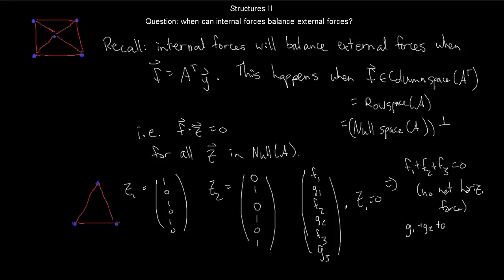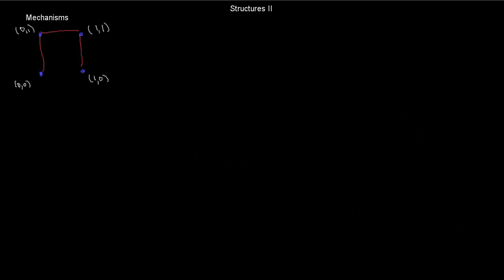Similarly, if I take the dot product of F with Z2, I'm supposed to get 0 in order for force balance to be possible, which means exactly that there's no net vertical force. And if you take the dot product of this force vector with our third null space vector, you'll find that what you are saying is that you need there to be no net torque on the structure. But let's not worry too hard about that.